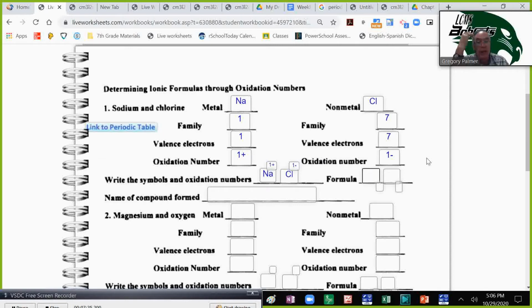Now, the formula is going to be, we're going to use the same symbols, Na and Cl. And this is where I said, you're going to take this 1 and put it right here. You drop the sign, and you're going to take this 1, and you're going to stick it right there and drop the sign. So we're going to put a 1 here and a 1 here.